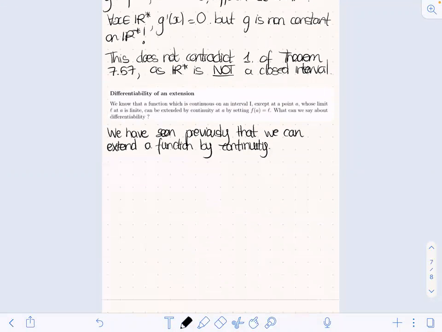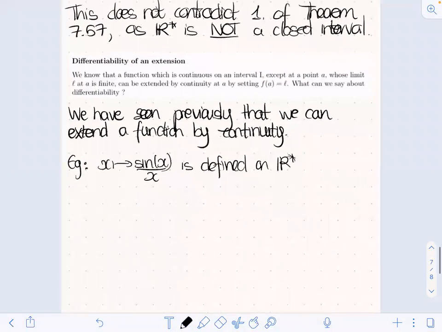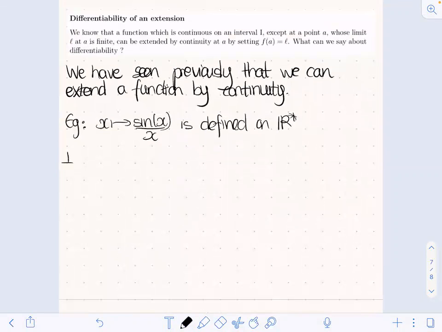Okay, example, x maps to sine of x divided by x is defined on R star. It's continuous on R star too.